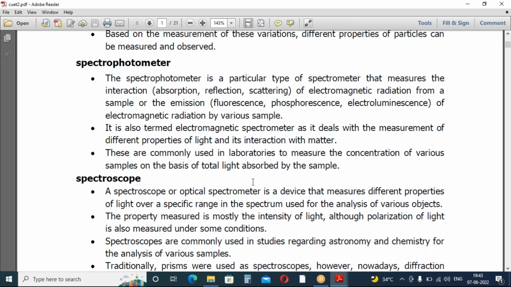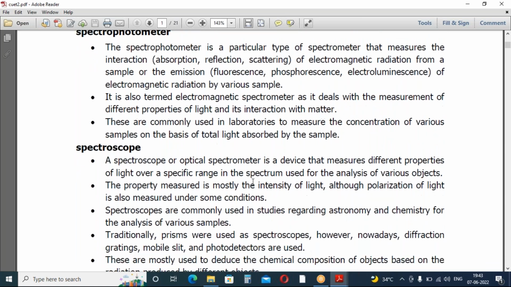And this is also called the electromagnetic spectra, because it mainly uses light containing electromagnetic radiations, hence it is also called the electromagnetic spectrometer. And this mainly measures the concentration of different samples based on the light absorbed by the sample.